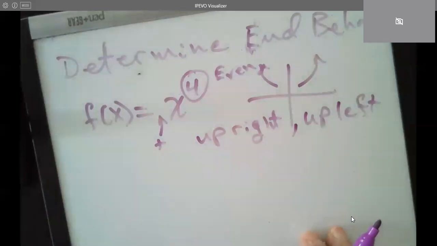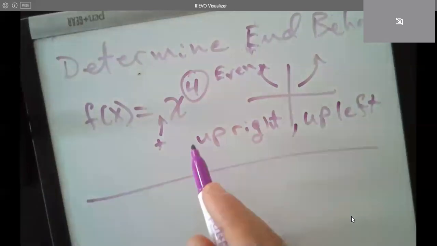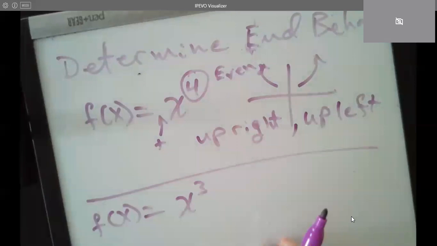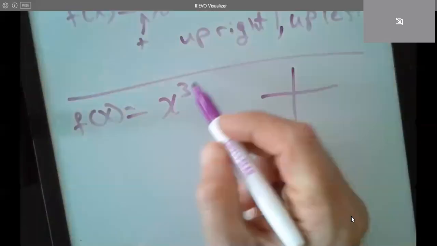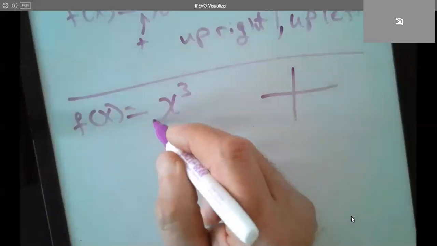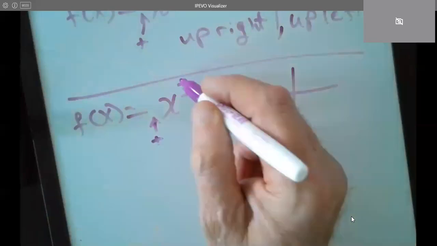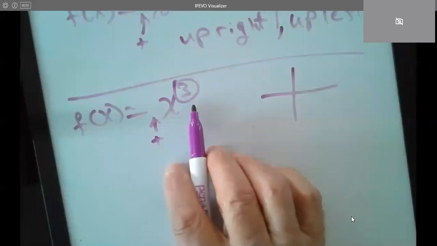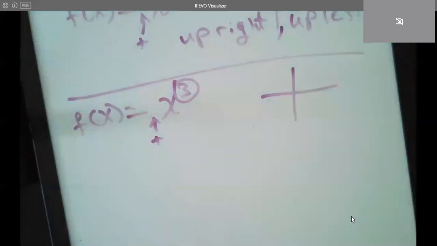Okay, let's try another one. F of x equals x cubed. So what is this? It's positive, right? And so is this an even or an odd function? Even would be like 2, 4, 6, 8, right?